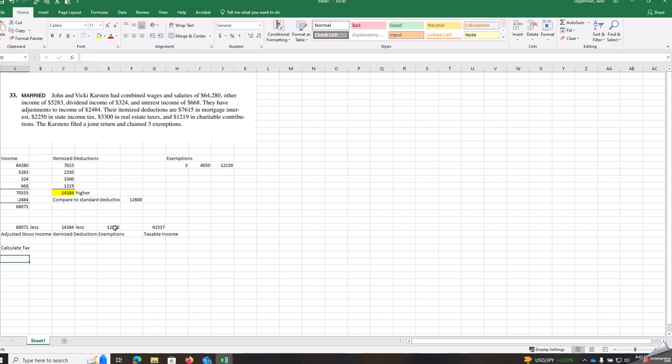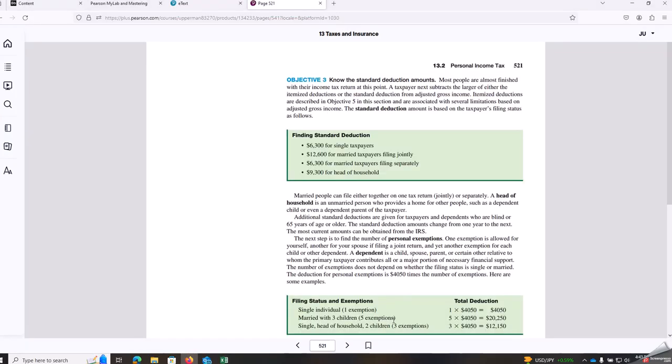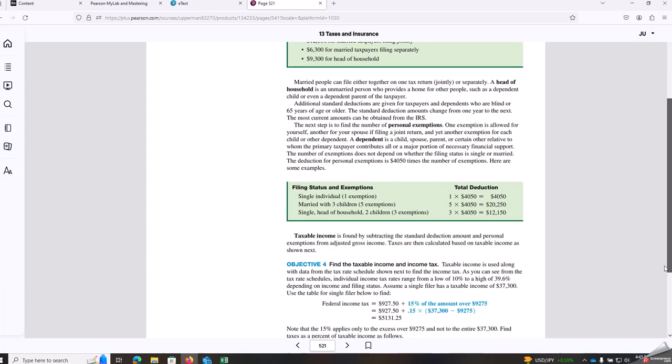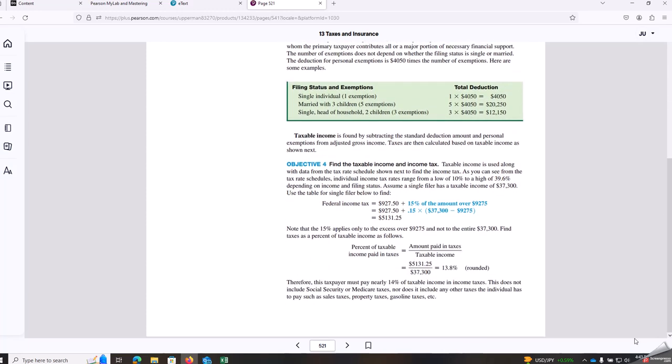So then we've got, again, 41,537. We have to go back to our book again. If you're doing this in the actual homework, you can click them and they'll be like little pop-up windows.